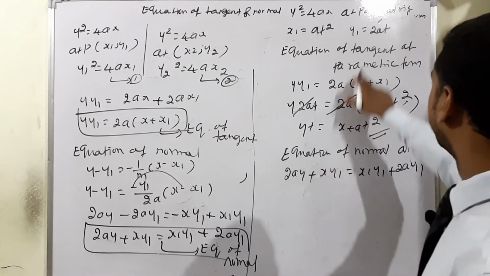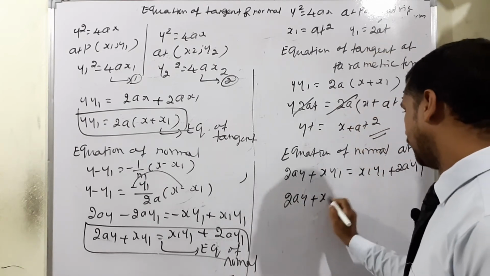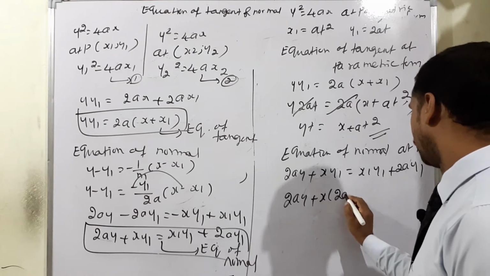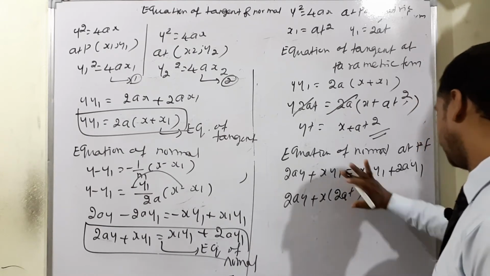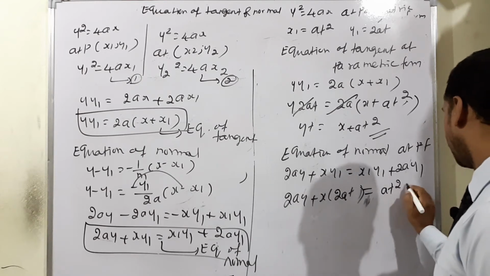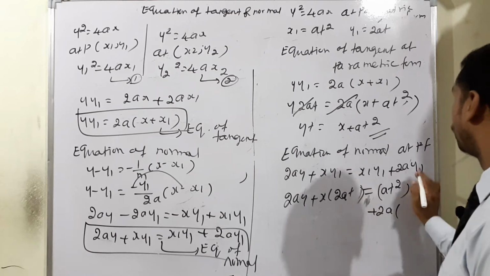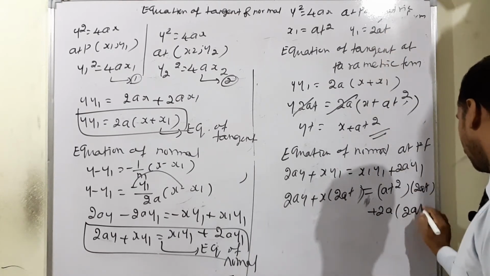Instead of y1 we can take it as 2at. So 2ay plus x into y1 means 2at, is equal to, isn't it? x1 into y1 means at square into 2at plus 2a into y1 means 2at.